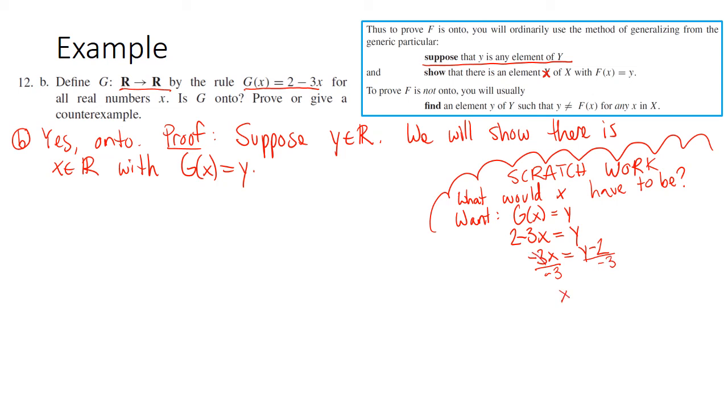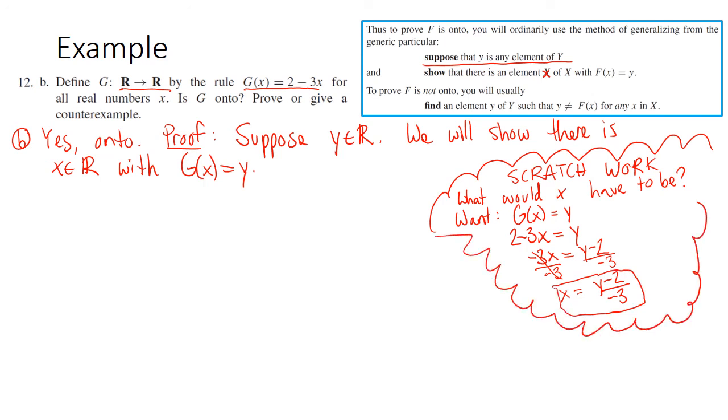That gives me x equals y minus 2 over -3. So this is what x would have to be in order to produce y. But again, this is scratch work. So this is my scratch work cloud.